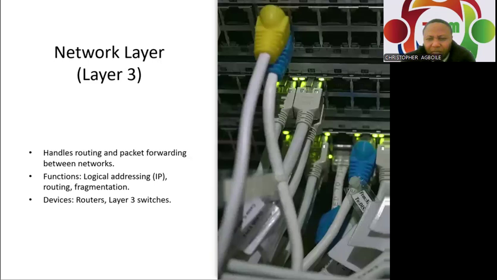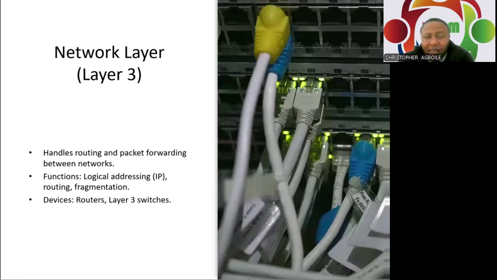Also, at the layer 3 level, we talk about routers and layer 3 switches. Layer 3 switches and routers are the devices at this level. The protocols at this level are IP. In IP, we have IPv4, we have IPv6.